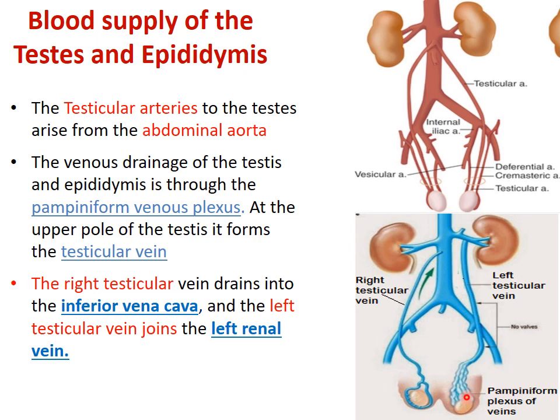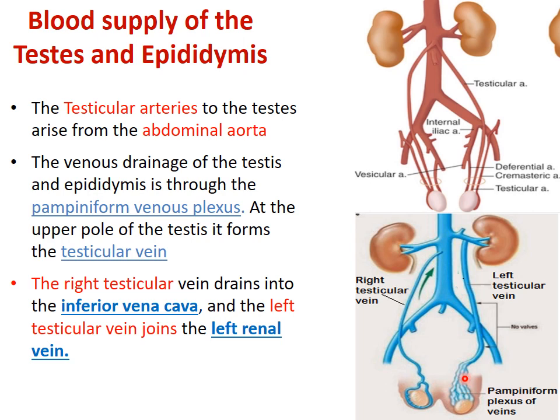But this pampiniform plexus is above the testis, running through the spermatic cord. The spermatic cord keeps all the contents coming from the testis and the ductus deferens arteries. They enter into the abdomen, and while piercing the wall of the abdomen, they form a cord. That cord is called the spermatic cord.